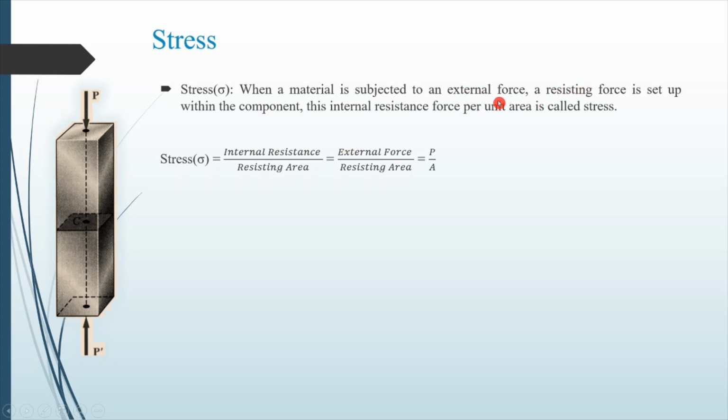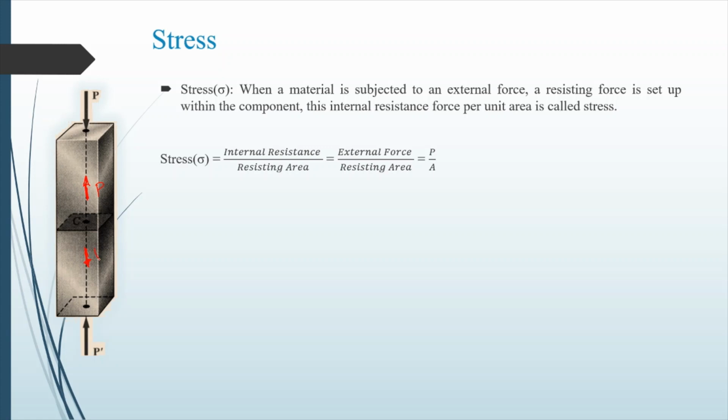So up to the elastic limit, whenever you apply some force, suppose 10 kilonewton force is applied in this example, so P value is 10 kilonewton, then the internal resistance will be equal and opposite. As force P is compressive, inside the body a similar force will be developed, but its direction will be opposite to the direction of application of force.